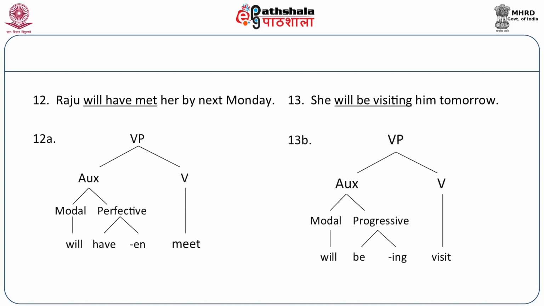This is a tree diagram for will be visiting, and here we have will, which is a modal. Then we have progressive marker here, be plus ing, which is a progressive marker. So for progressive we use the verb be plus the suffix ing.